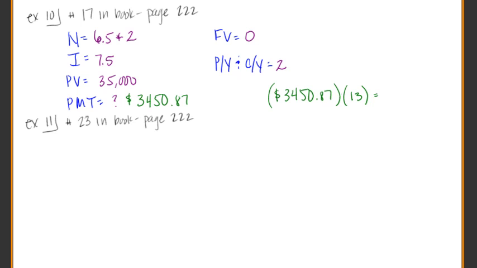And when you do that, what comes out is $44,861.31. So what does this number represent? Just think about it for a second. This is the total amount of money that you're having to pay out of your pocket, because you're making these payments, 13 of them.